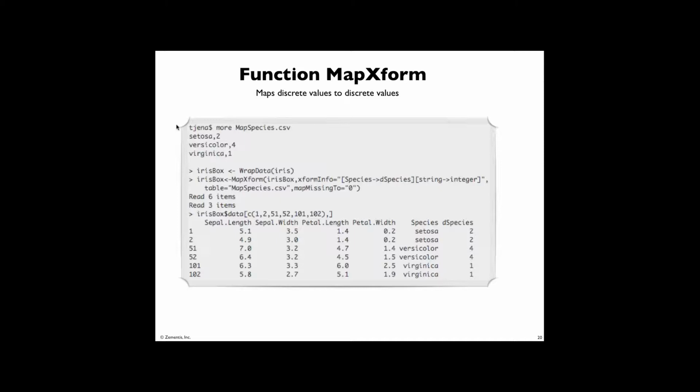As expected, there is a sixth column with the derived field dspecies, and the first two rows, setosa, is mapped to 2 as expected. Let's go to versicolor. You can see from the top mapspecies.csv, we wanted it mapped to 4, and well, it is. So yeah, great, it works.